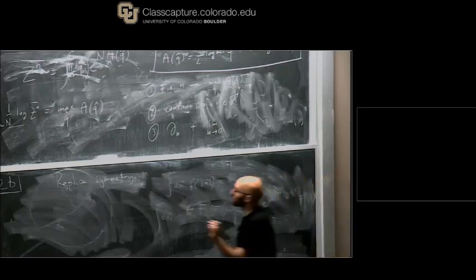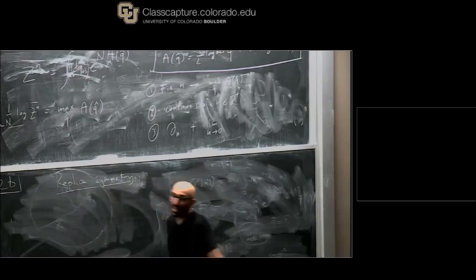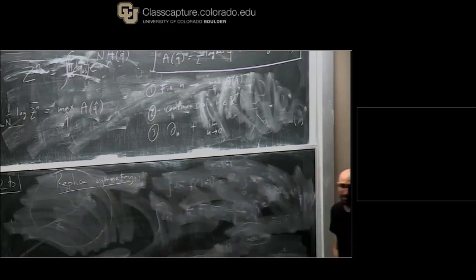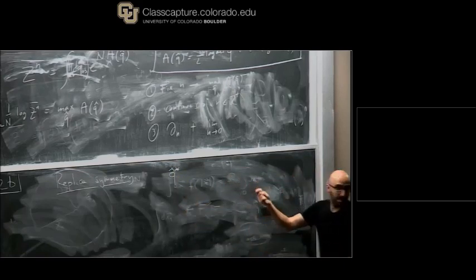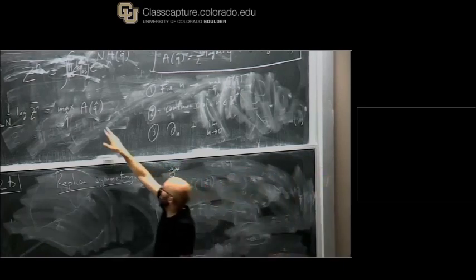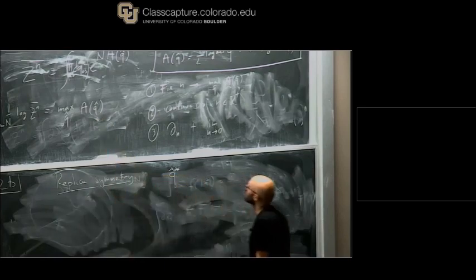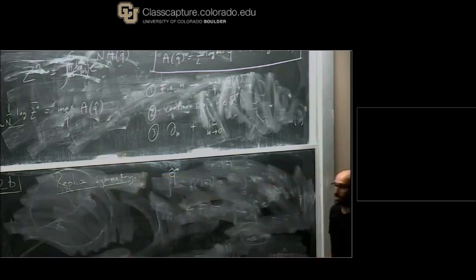But the simplest thing to start with is to assume that the replica symmetry is not broken spontaneously, which means that Q star, the matrix that realizes this maximum, is symmetric.